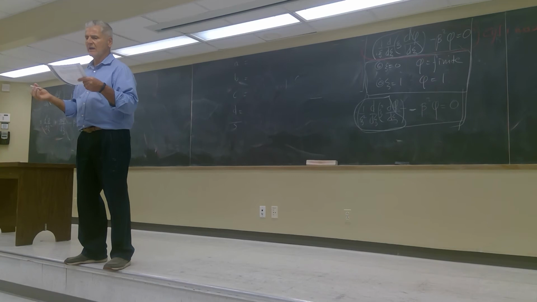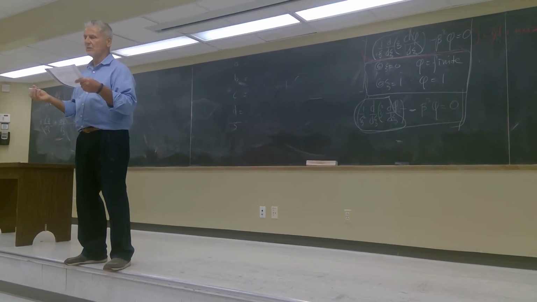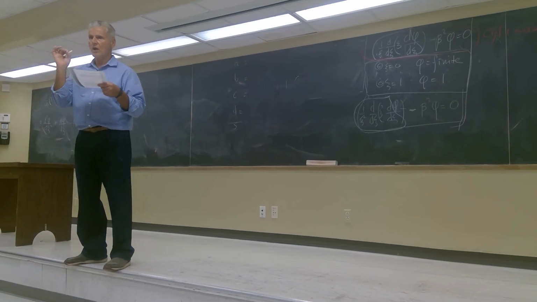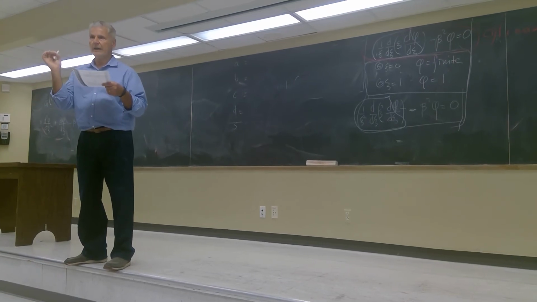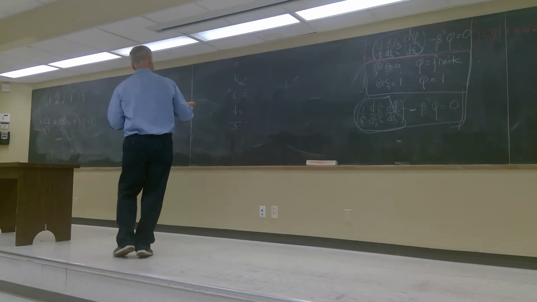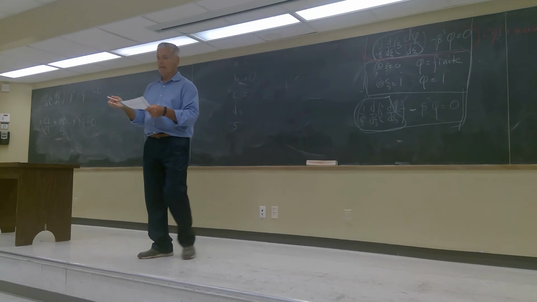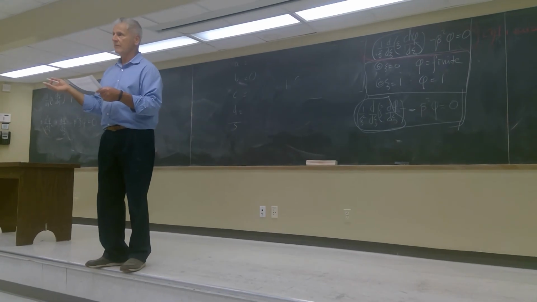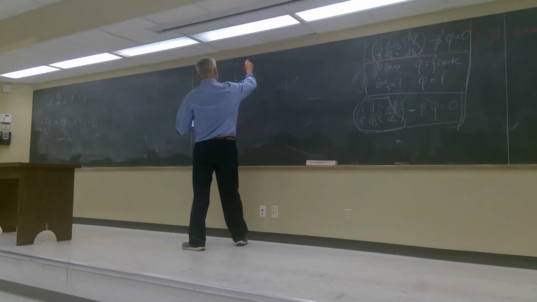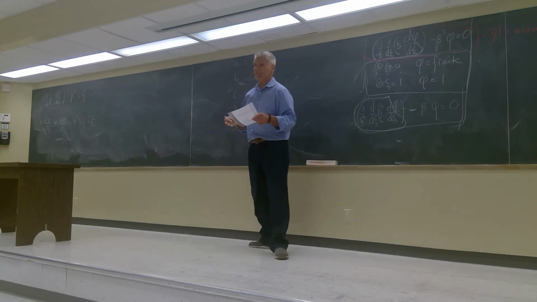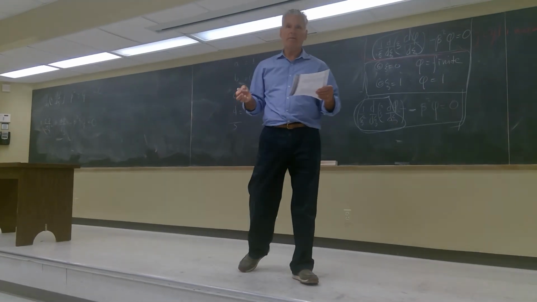Well, what do you think A or B should be? What is the easiest way to make that happen? Making B equal to 0, right? If I make B equal to 0, I get rid of that extra term there. And what should A be? 1. So already I have found A and B.